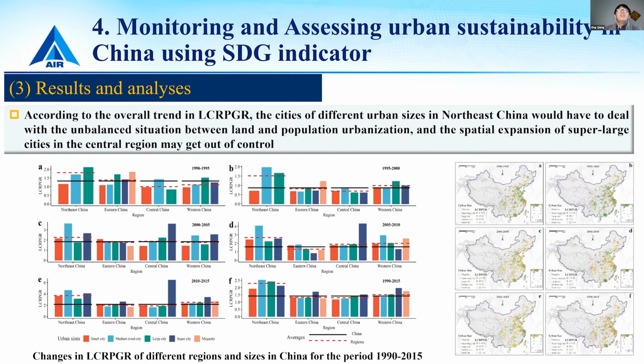And here, according to the overall trend, our main finding is that in northeast China, you can see their LCR, PGR has shown a dispersed way, which indicates the unbalanced situation between land and population. And also the spatial expansion of super large cities in central China may also get out of control.